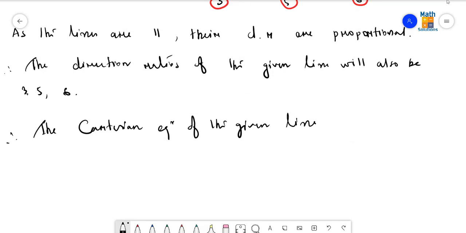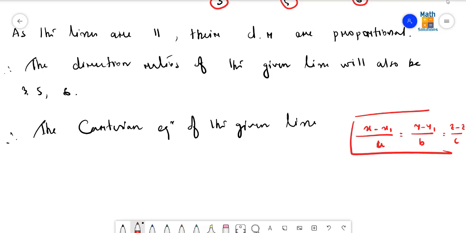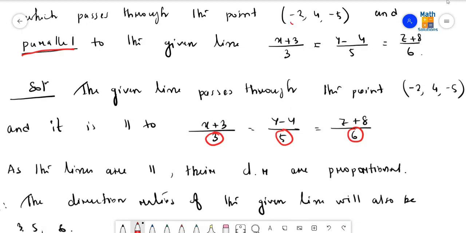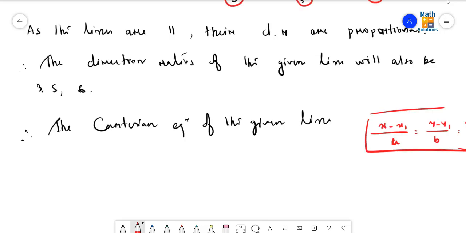The formula for the Cartesian equation of a line: x minus x1 by L, or you can say A, then y minus y1 by B, then z minus z1 by C. Here x1, y1, z1 will be replaced by the values 2, minus 2, 4 and minus 5, because this is the point through which the line is passing.